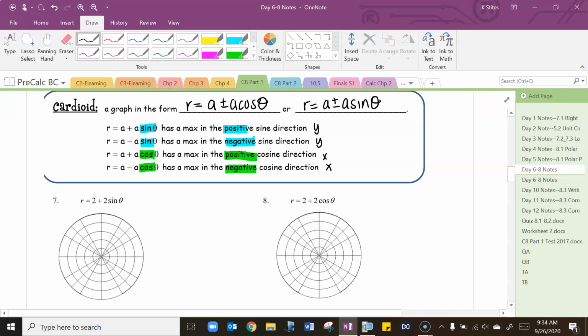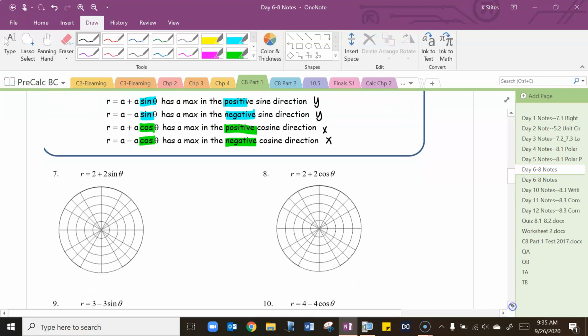All right, now again, these are ones that you can graph with your calculator. However, you should be able to graph them by hand, which means that I am expecting to see you create a table. So what we're going to do is create a table with our four main quartile angles, which are 0, pi over 2, pi, and 3 pi over 2.